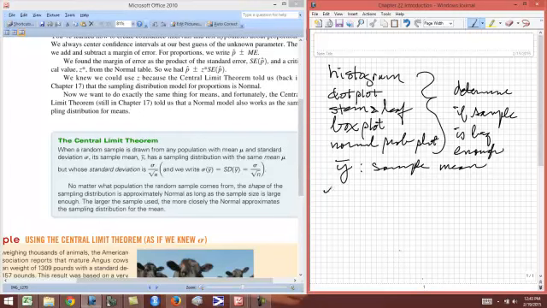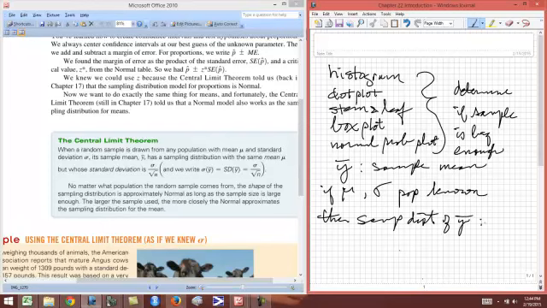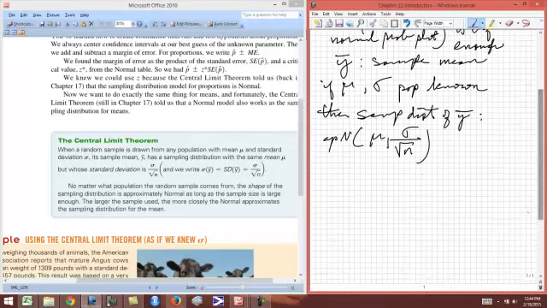Now, if the mean and the standard deviation of the population are known, then the sampling distribution of y bar is approximately normal, mu comma sigma over the square root of n. That's if you know mu and sigma. The main thing is you've got to know sigma.